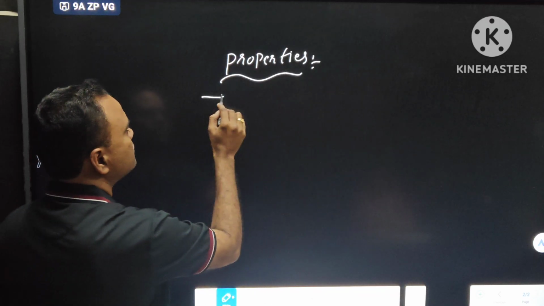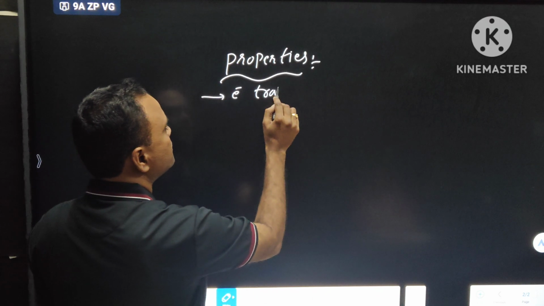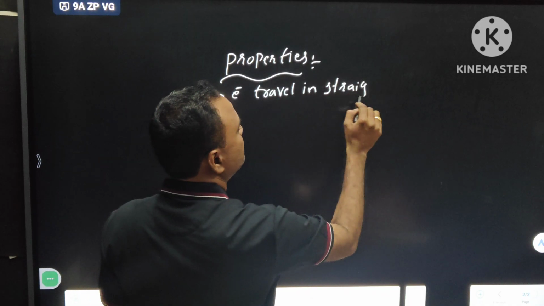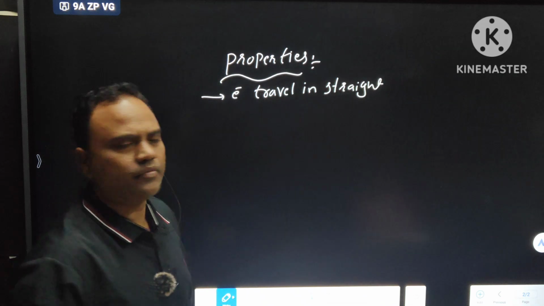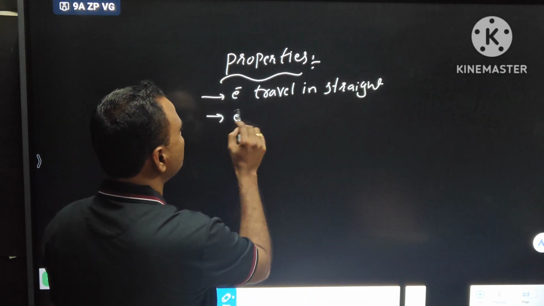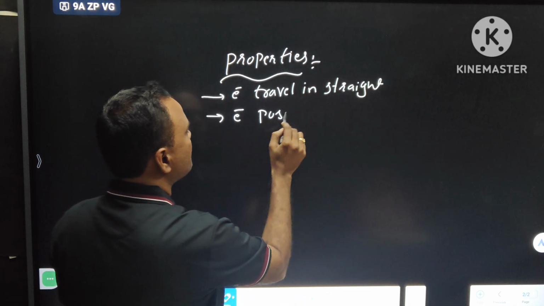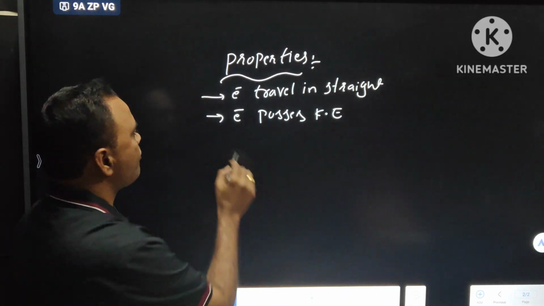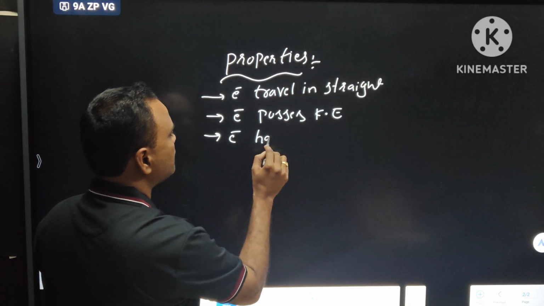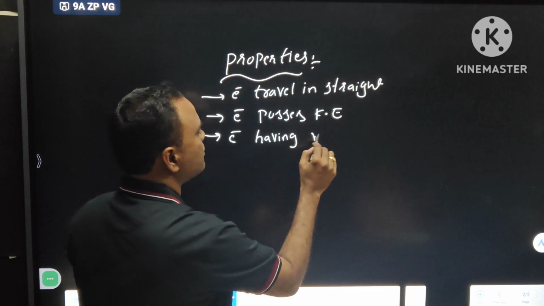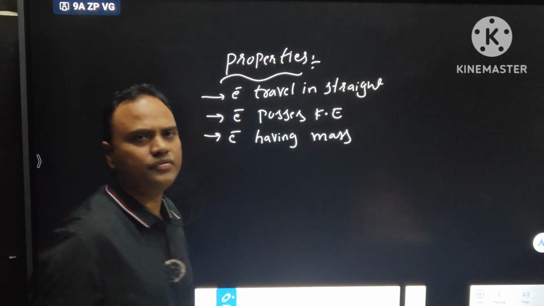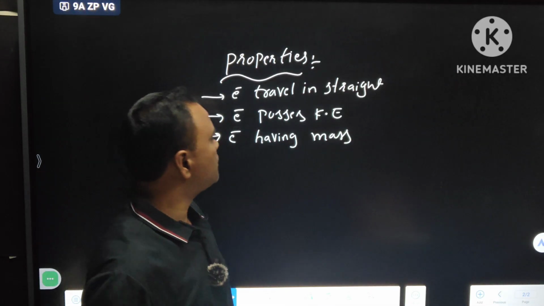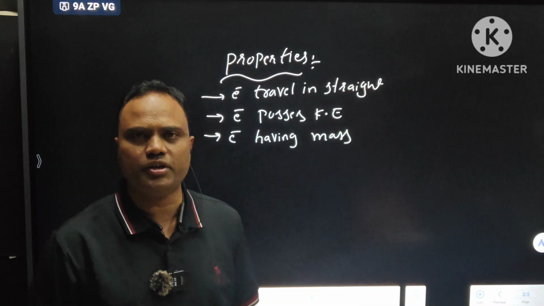Some important points I am giving in short definitions. Electrons travel in a straight line. Electrons possess kinetic energy. Electrons have mass.